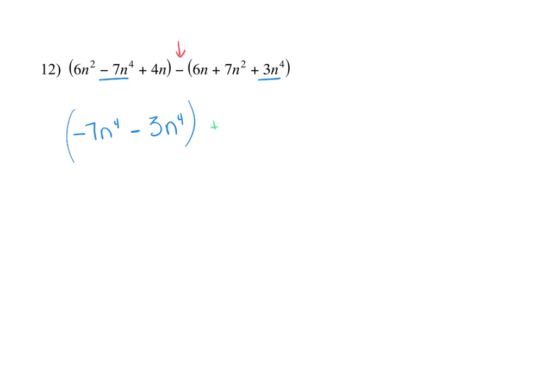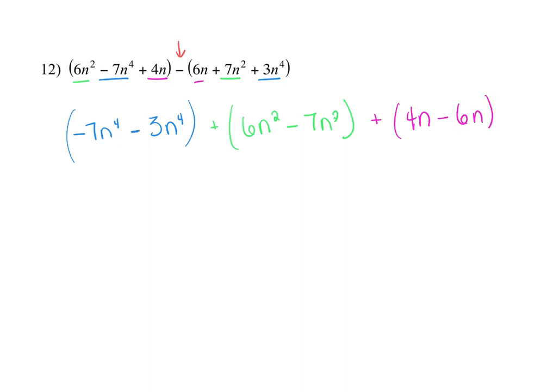Then I am going to go to my thirds. I don't have any n to the thirds, so I'm going to go to the seconds. 6n squared minus 7n squared. And then I am going to go to my n's. So I have 4n minus 6n.